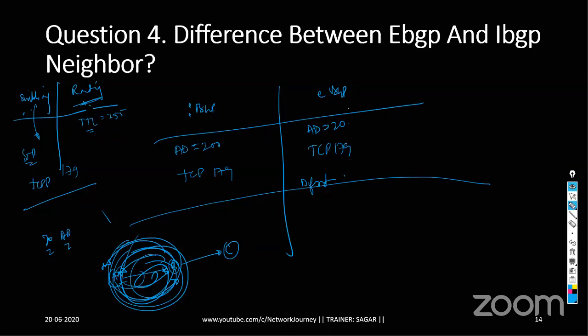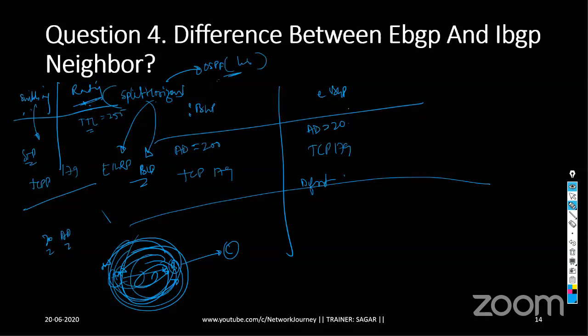In the routing, in the case of loop avoidance, we make use of a concept called split horizon. Okay, and this split horizon is seen in EIGRP and BGP. It's not seen in OSPF because OSPF is a link state protocol which has all the information of all the links from all the areas.